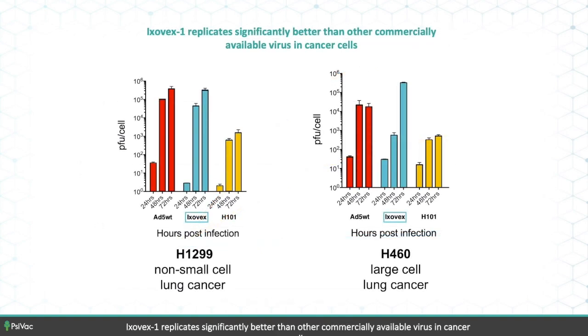We know it's safe, but what about its replication in tumor cells? Here we compare PsiVac replication in non-small cell and large cell lung carcinoma. We can see that PsiVac replication rate is as good as the wild-type control and significantly better than Onyx 015 H101.